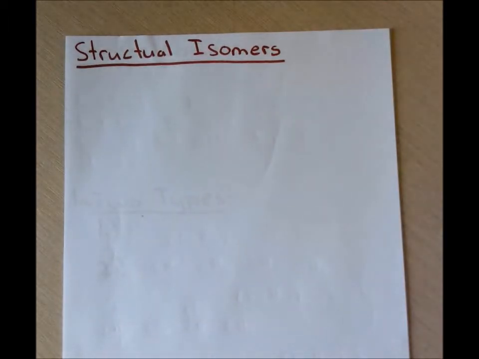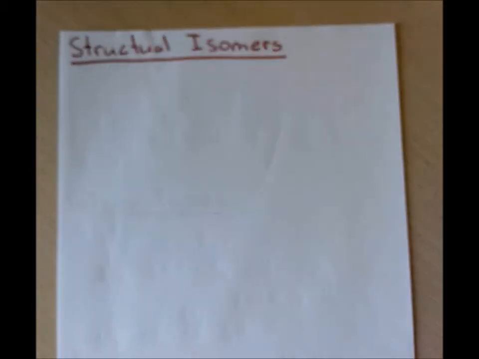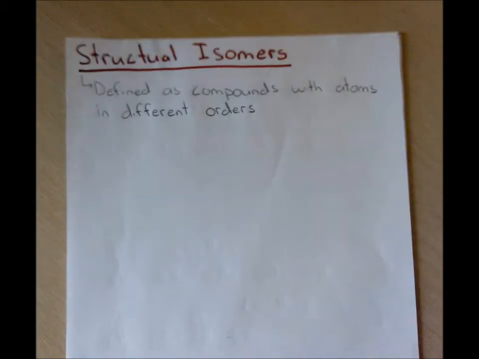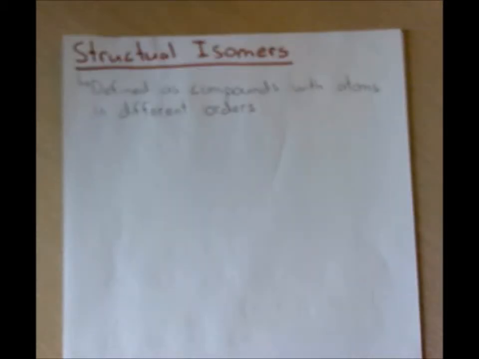So structural isomers are defined as compounds with atoms that are bonded in different orders. A great example of those structural isomers is found in those examples we started this section off with on page number 1.